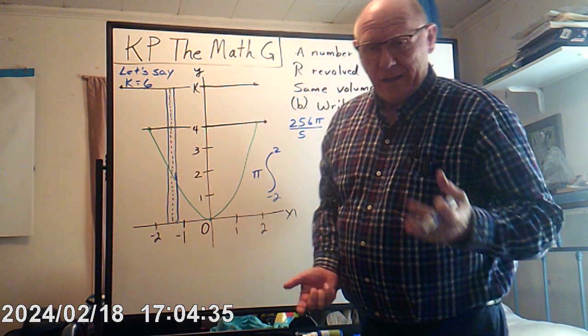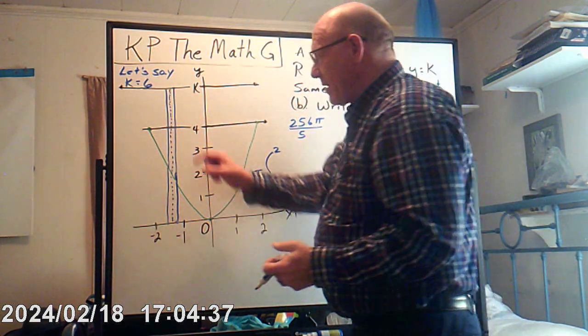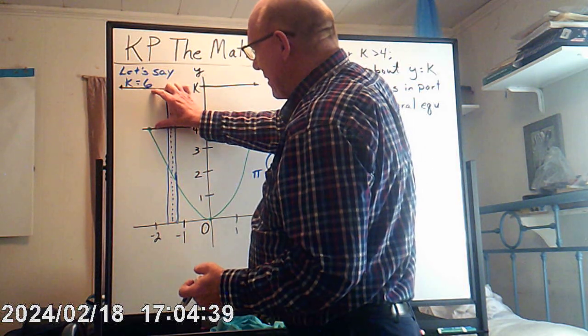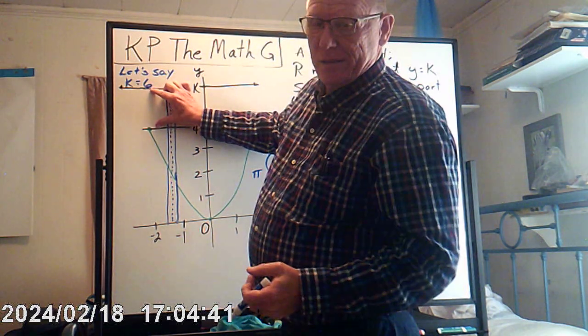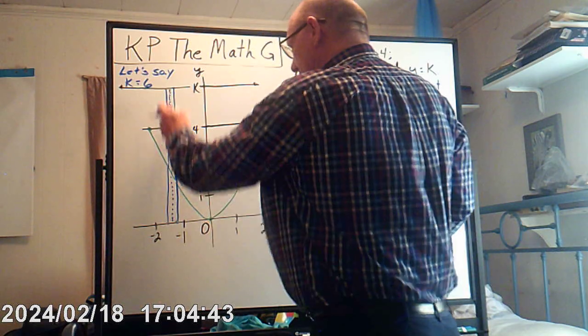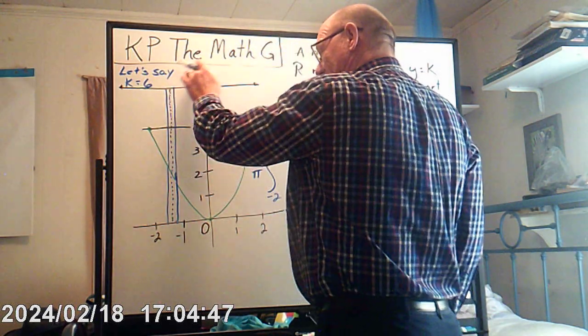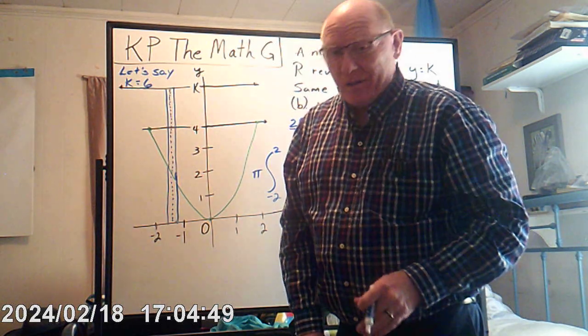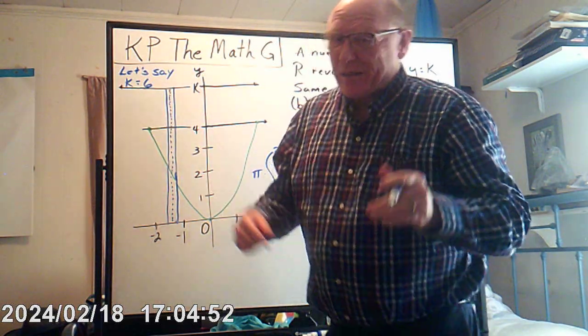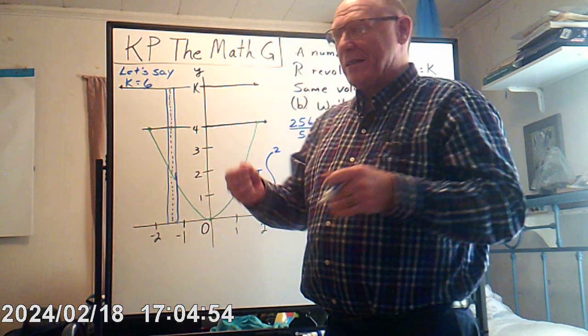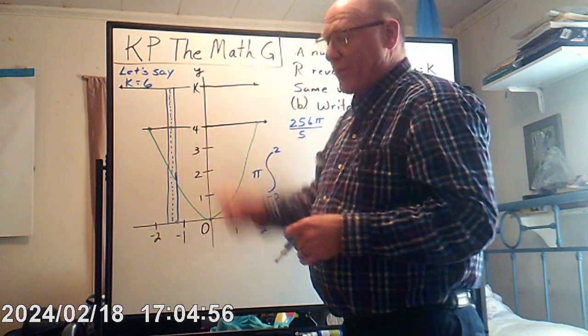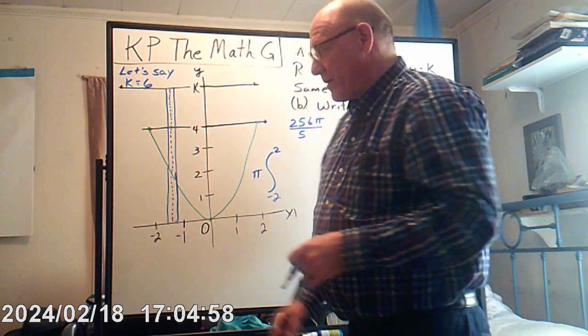So at least I know how big my hole is, because 6 minus 4 is 2. Right? So this height here is 6, but really it's k. Now we're going to say it's 6 for right now, because sometimes we can see numbers that we just can't see with a variable. So let's make this 6.